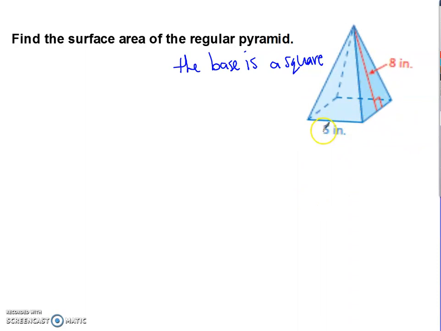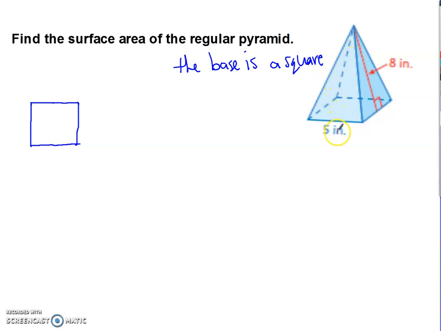So I see 2 shapes here. There's a square base. And there are all these triangles around it. There are 4 of them. There's one in the front, there's one on the right, there's one in the back, and there's one on the left.